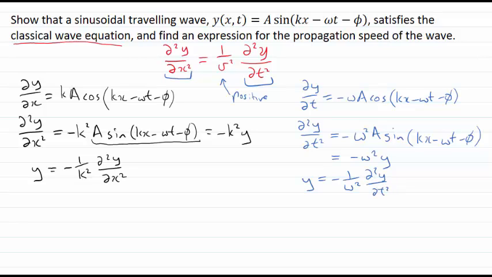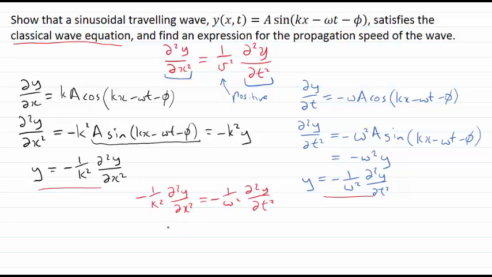Of course, these functions are the same, so I can put these two expressions together. This expression here for y must be equal to that one, so I can write here that minus 1 over k squared d2y by dx squared must equal minus 1 over omega squared d2y by dt squared.